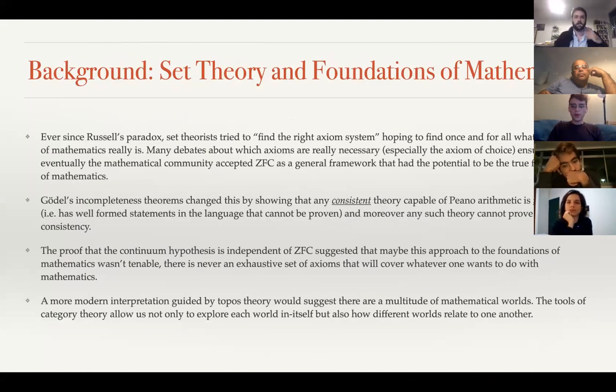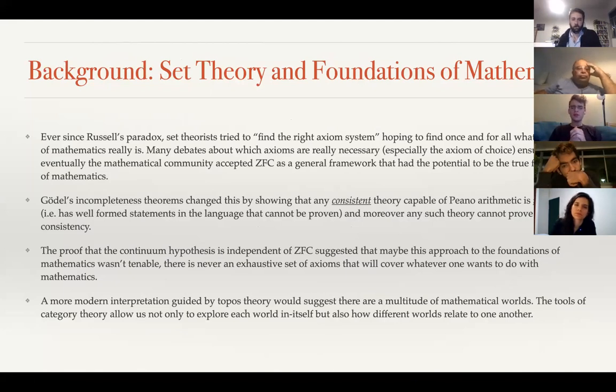mouse. A little background on some set theory and foundations of math, because first I'm going to talk about some category theory, but this is sort of a context for that. Since basically Russell's paradox, which I'm sure we all know, there's been a big debate in set theory, always trying to find the right axioms.